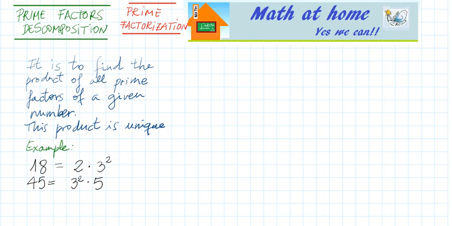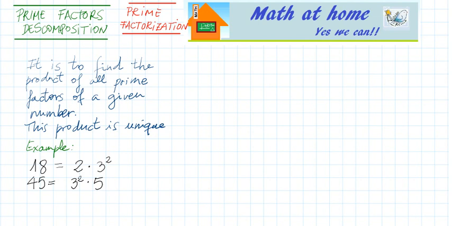And this is the prime factor decomposition of 45. But, of course, there is a general way to do it, so that if you learn a process, you're going to find all the time the right prime factorization without doing it directly like I have done here. So let's do an example that is longer.